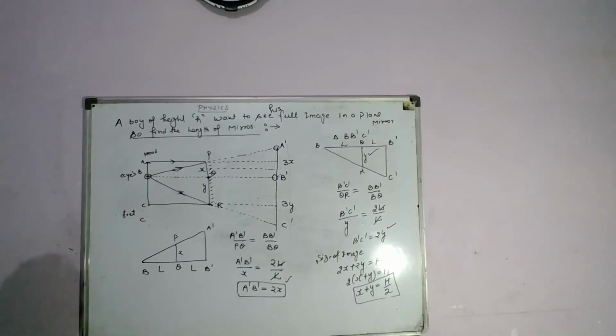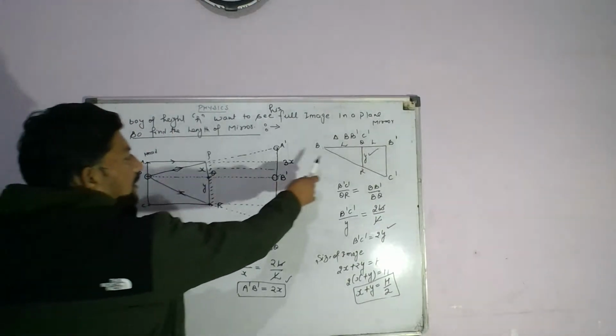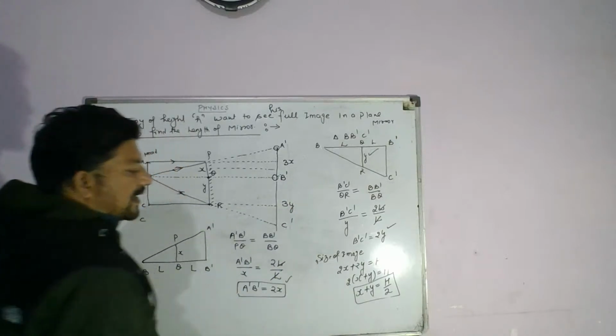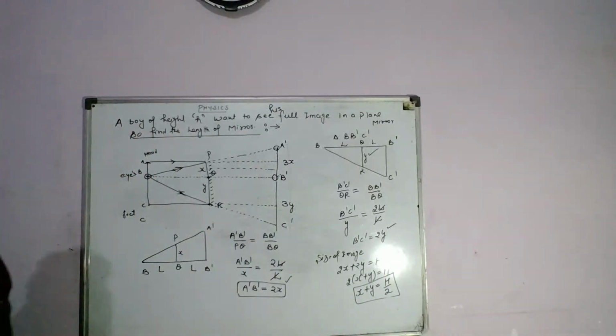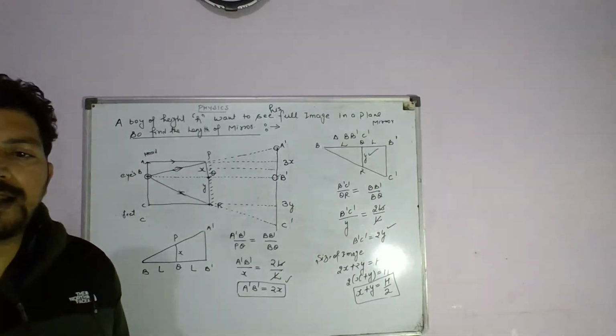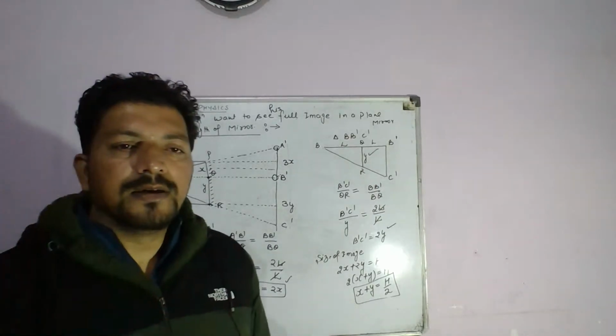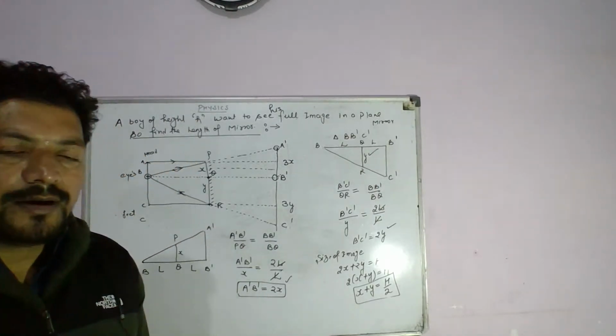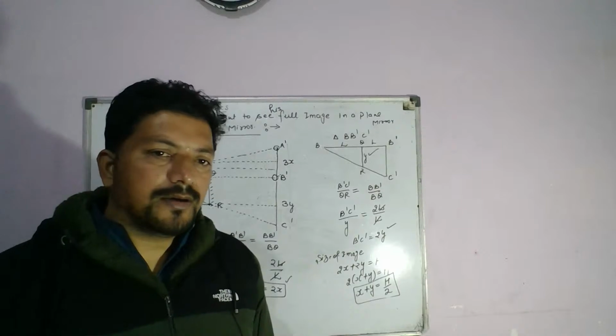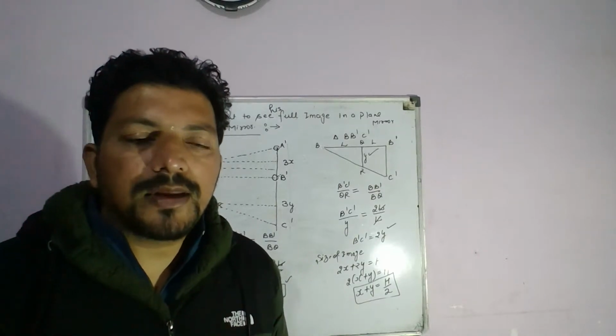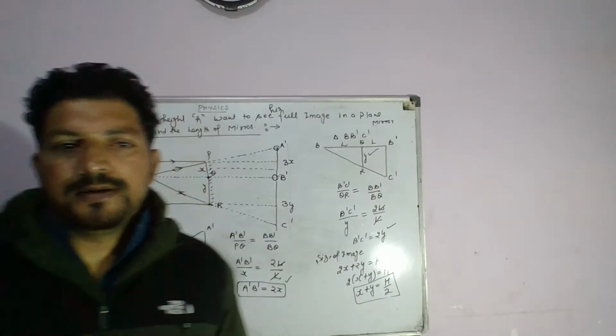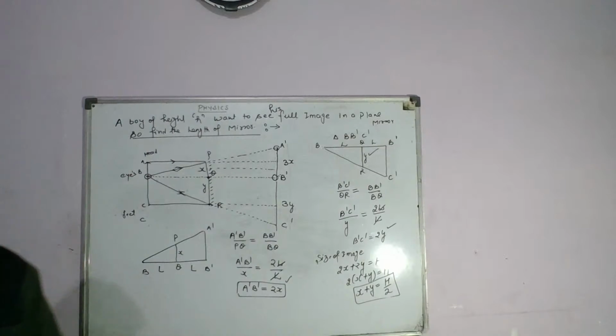After solving these two triangles, x plus y is equal to h by 2. It means any person can see the full image of the body from head to feet with a half mirror. So this is the right answer.